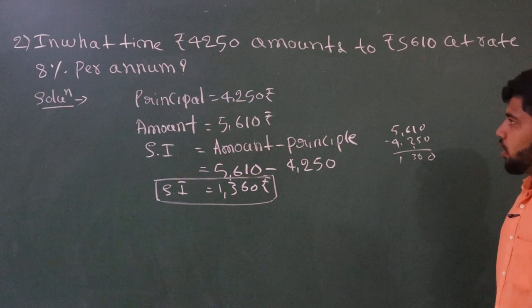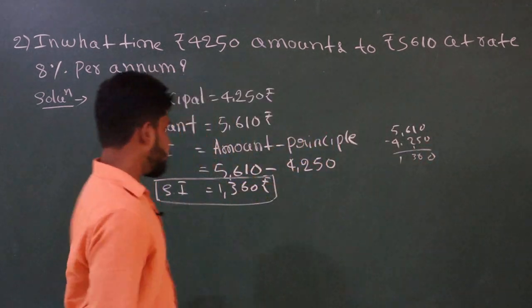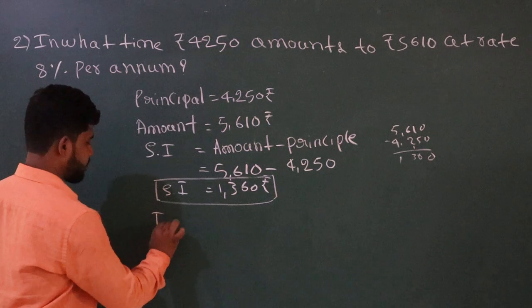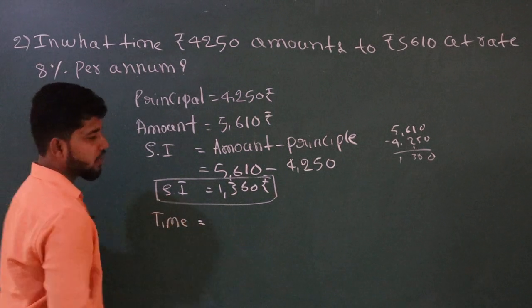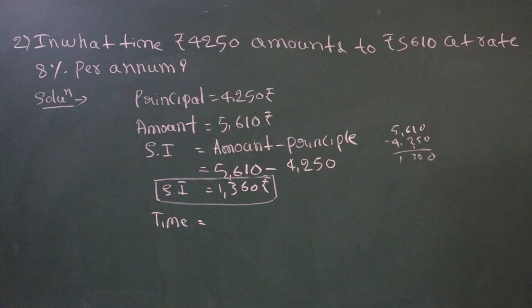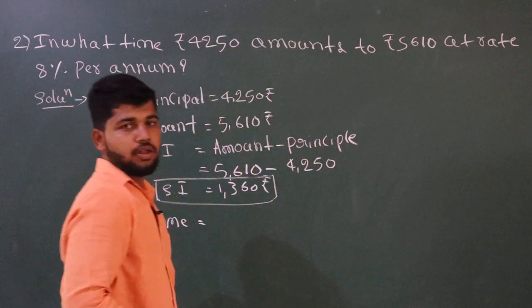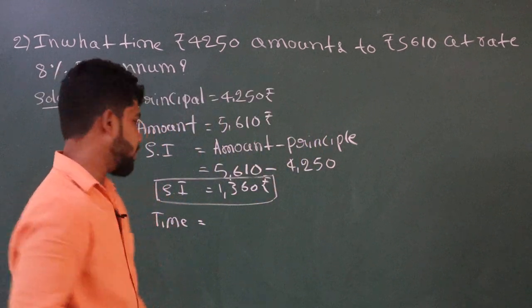Now they ask us to find the time. Time is equal to, what is the formula for the time when they have given the simple interest, rate of interest and principal?